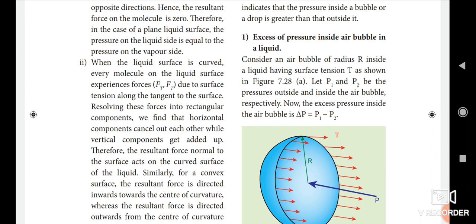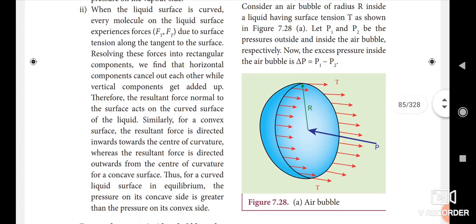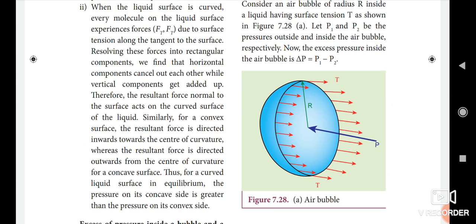Therefore, the resultant force normal to the surface acts on the curved surface of the liquid. Similarly, for a convex surface, the resultant force is directed inward toward the center of curvature, whereas for a concave surface the resultant force is directed outward from the center of curvature.